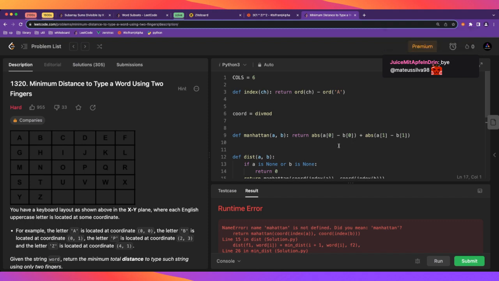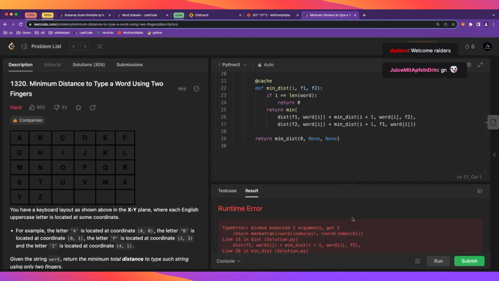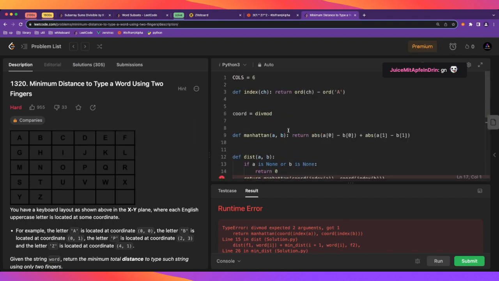So here, I mistyped, had a typo. Let's see if now it compiles. Expected 2 arguments. So this needs 2 arguments. Oh yes, because I'm not passing, yes, obviously.